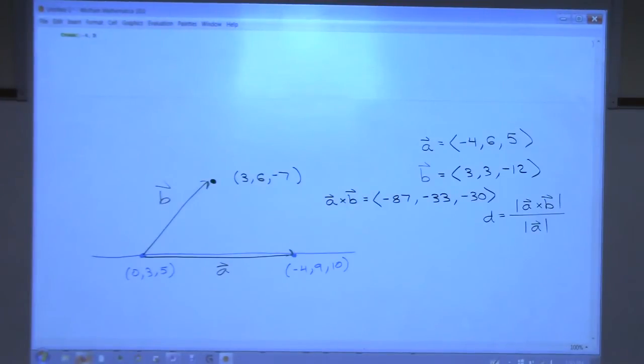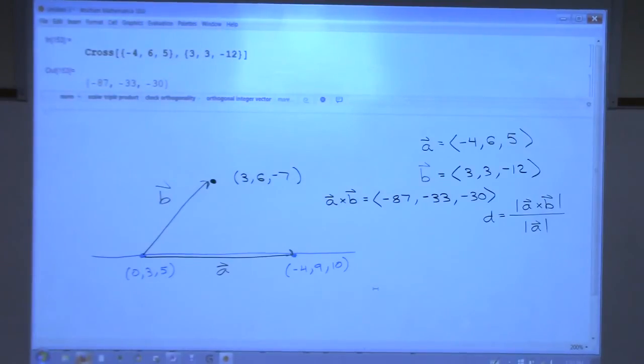Oh, 6, 5, with 3, 3, -12. I'll make this a little bigger so you can see it. There's the cross product.